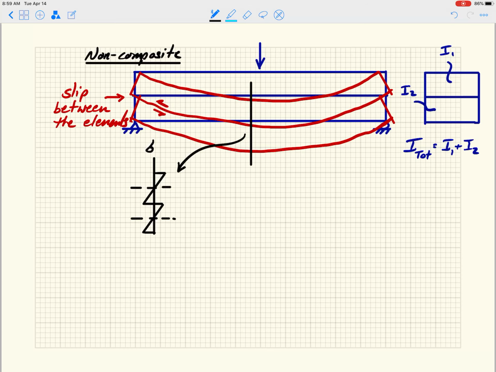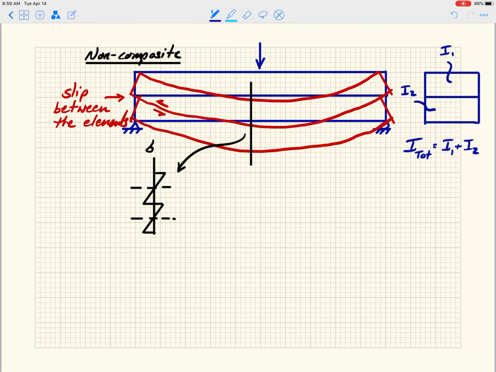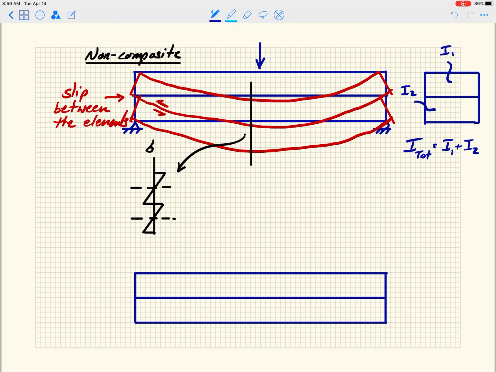However, if I redraw this same beam, now instead of just setting them on top of one another, I'm going to drive some nails into these boards to connect them together.